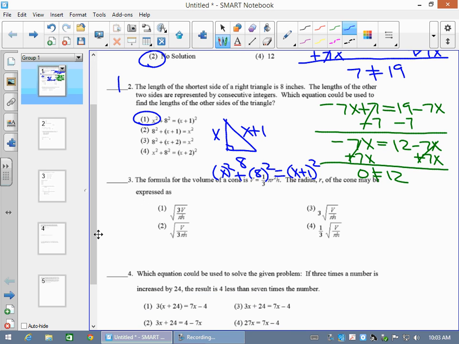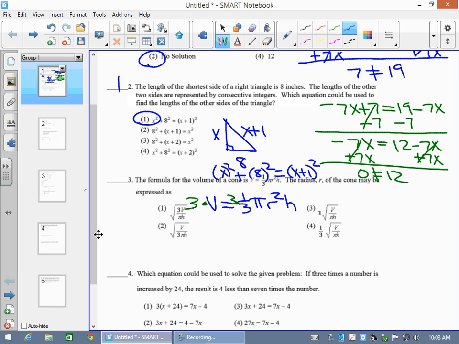Looking at question 3, you want to solve for r. So the first thing you're going to do is rewrite the equation. Now, I see that on the right-hand side there's a 1/3. So I'm going to get rid of that by multiplying by the reciprocal of a third, which is 3. So 3 on both sides.